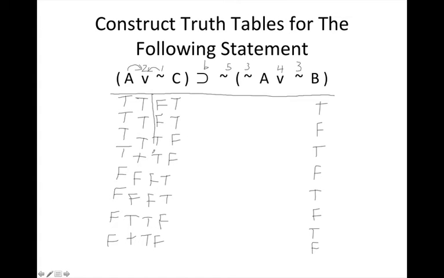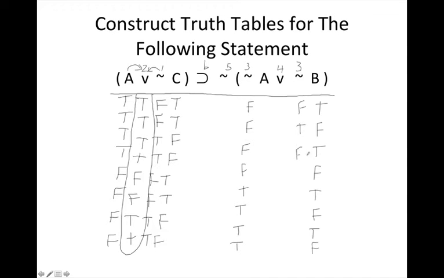So what I'm going to do to keep things clear, I hope, is box those values up, that column up, and then move on. So we'll have false, false, false, false, true, true, true, true.